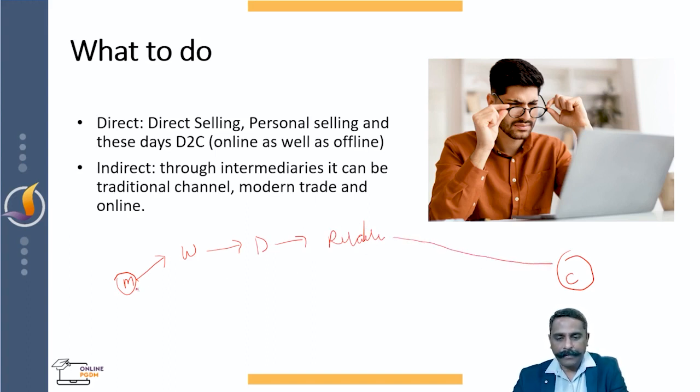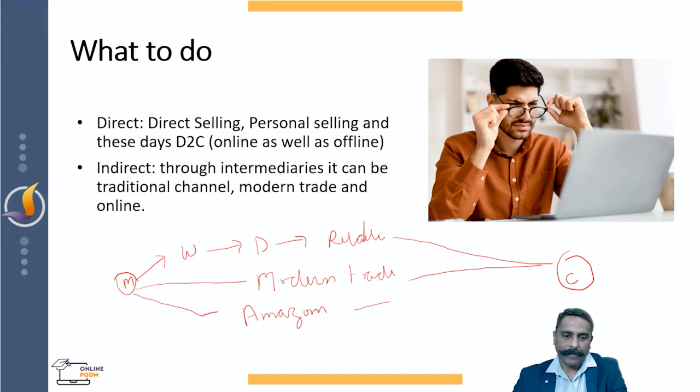And this organization can also make use of modern trade to provide the same product to the consumers. The same organization's products may also be available on Amazon, and the consumer can also purchase from that.